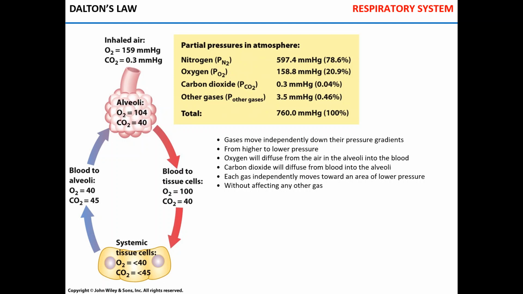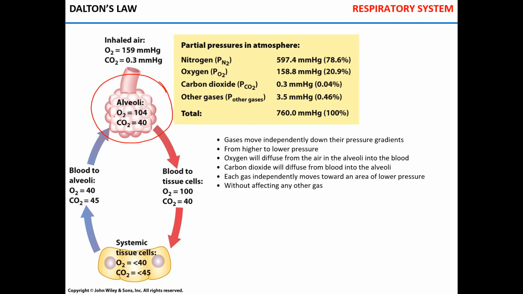So gases move independently, meaning that the diffusion of oxygen does not depend on the diffusion of carbon dioxide and vice versa. And they always move from higher pressure to the lower pressure. Now, in the external respiration, you can see the process happening here.